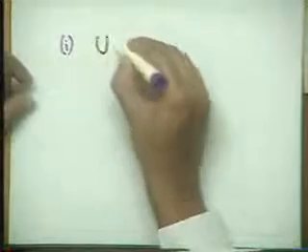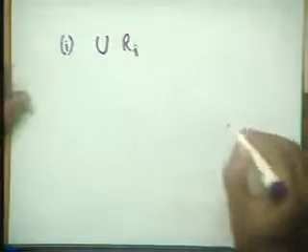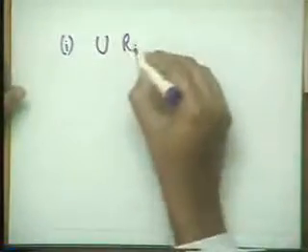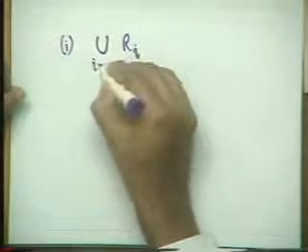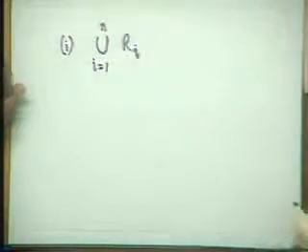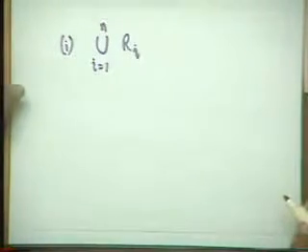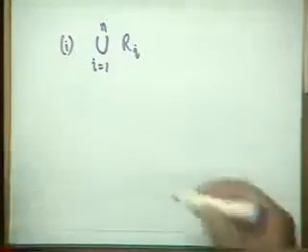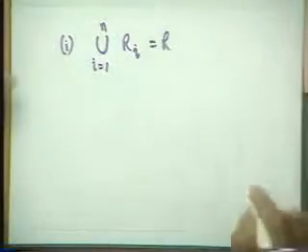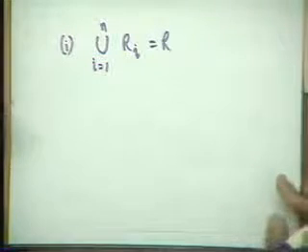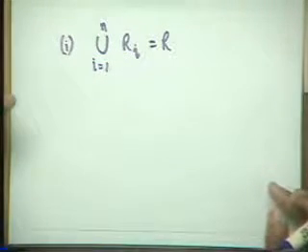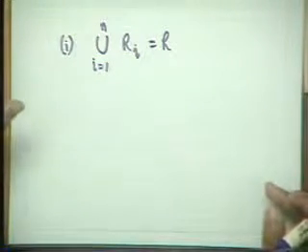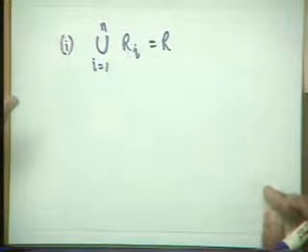The first thing we must have as an output of segmentation is that the union of all these regions, the union of Ri where i is equal to 1 to n, should lead to R. By stating this property, we are defining that the segmentation process is complete.